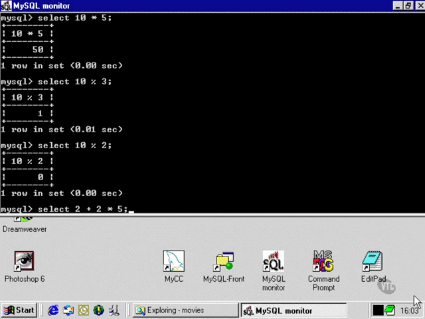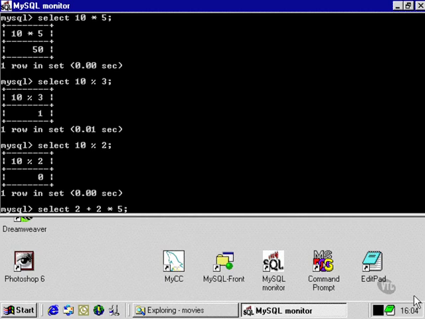There is a little ambiguity here. Will MySQL interpret 2 plus 2 times 5 as 2 plus 2, 4, times 5, which would be 20? Or will MySQL interpret the expression as 2 plus 2 times 5, which is 10, and give the result 12?